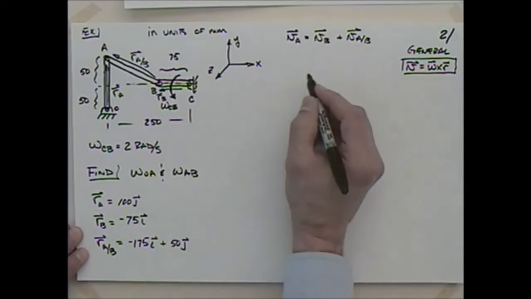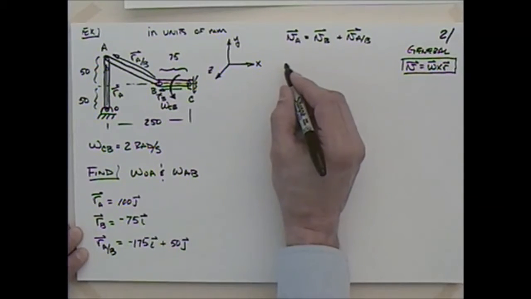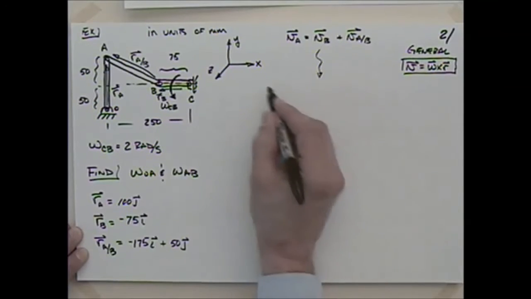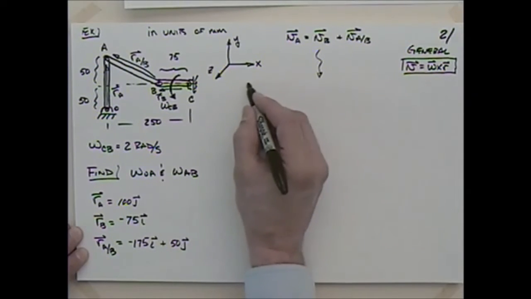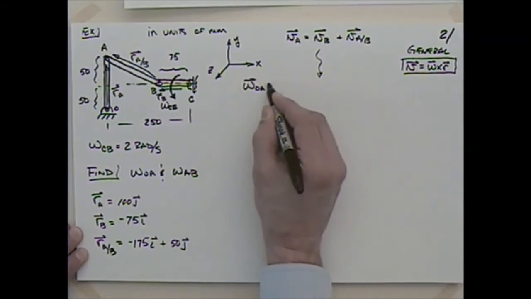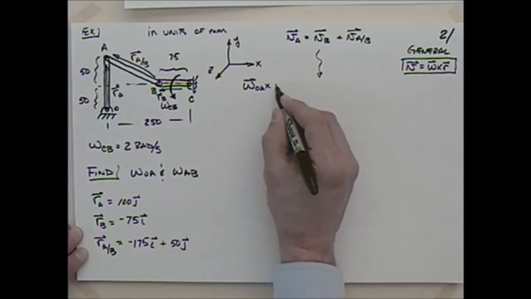So if I do this one, I could say that the velocity of A is going to be, and maybe I'll move this down, I have a little more room here, omega OA crossed with RA.